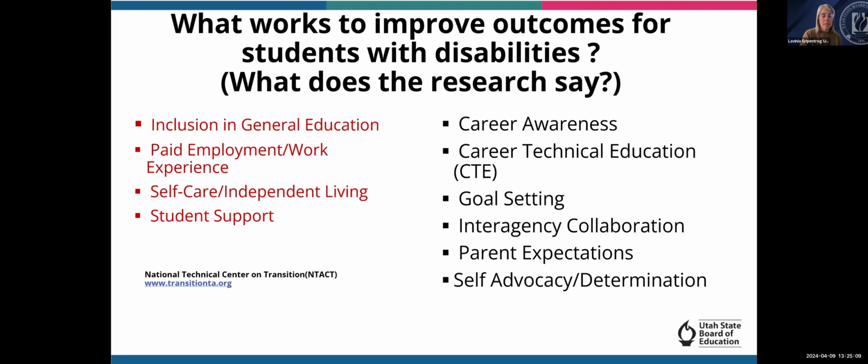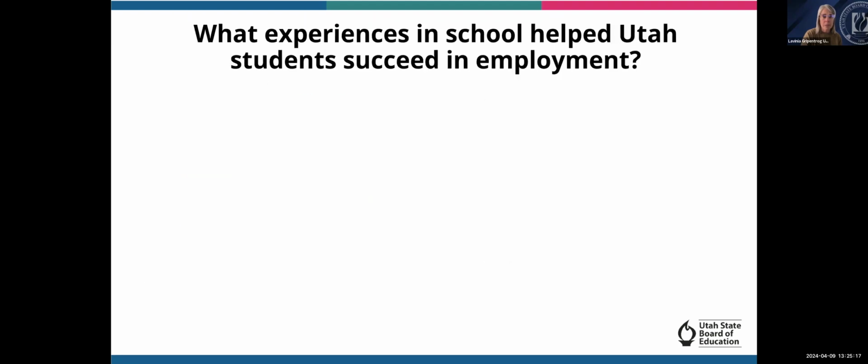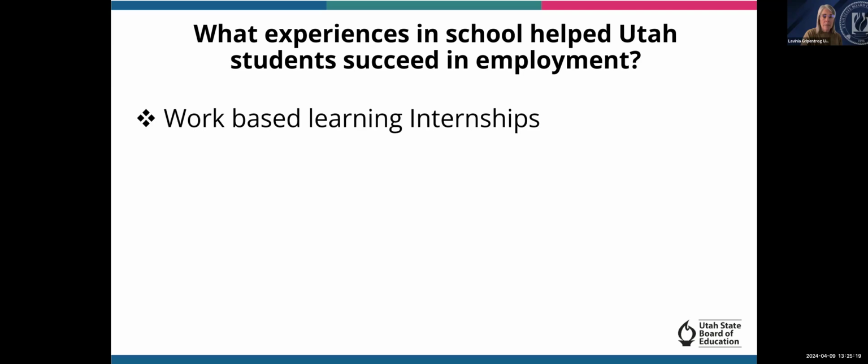So I think we talked a lot last week, right, about the predictors. So that's essentially what this is. I'm not going to go over this again because I think you got a lot of great information on what the predictors are. What this actually is, is from when I talked in the very intro video a few weeks back about the post-school outcome survey, where we call every student that's left our schools that had an IEP in place, and we ask them, what are you doing the year you've been out of school?